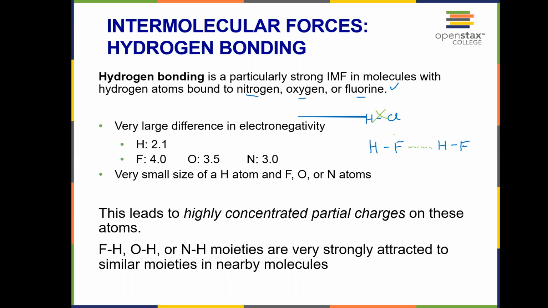And so we have really concentrated, really dense partial positive and partial negative charges on our hydrogen, partial positive, and our other atom, partial negative. And so we get really strong attractive forces between these very dense areas of negative and positive charge.